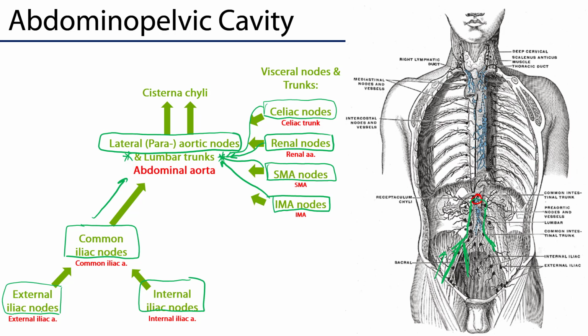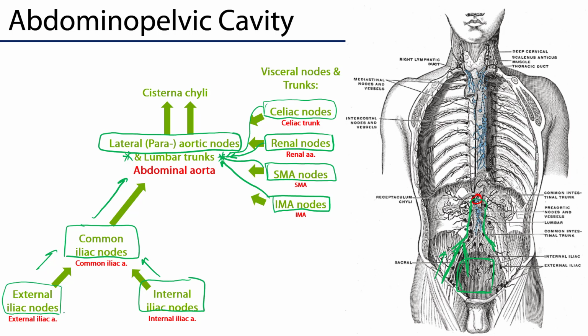The internal iliac nodes are going to drain the pelvic viscera. So again, if you know your pattern of bifurcation of the arteries, you should have a very clear picture of what's going on with the nodes.